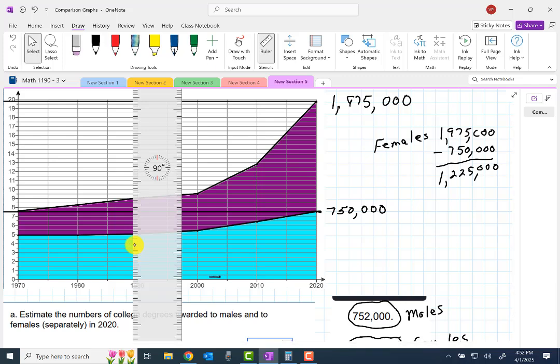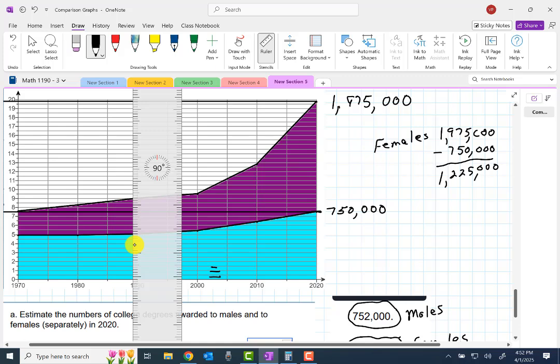So if I look in here, I have 1, 2, 3, 4, 5, 6, 7, 8, 9, 10, 11. So I've got about 11 and a half blue rectangles. So I'm going to call it 11.5 for the males.